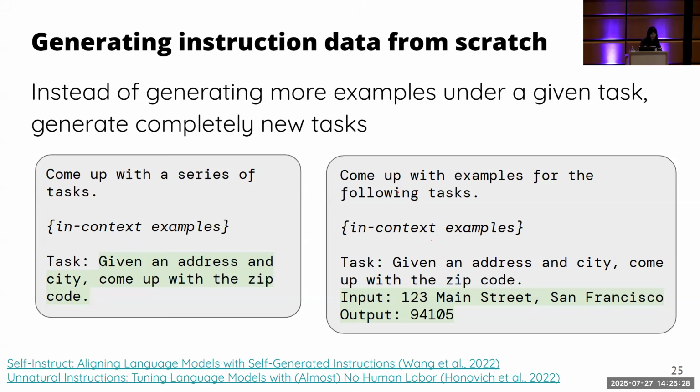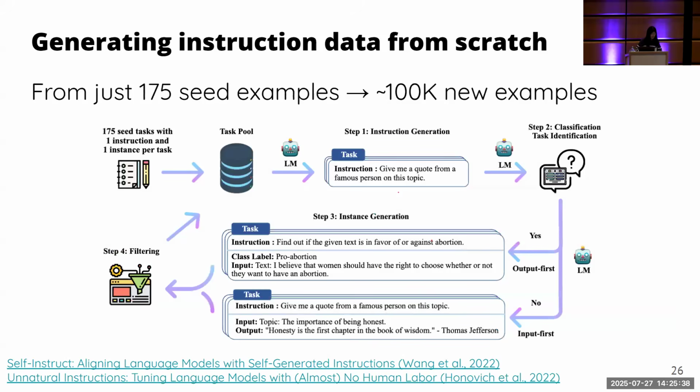The two seminal papers to demonstrate this idea were self-instruct and unnatural instructions, which actually came out, I think, within a day or so of each other. In self-instruct, starting from just 175 seed examples, you can use this pipeline to produce arbitrarily many new examples. In the original paper, we went up to about 100,000 new examples.